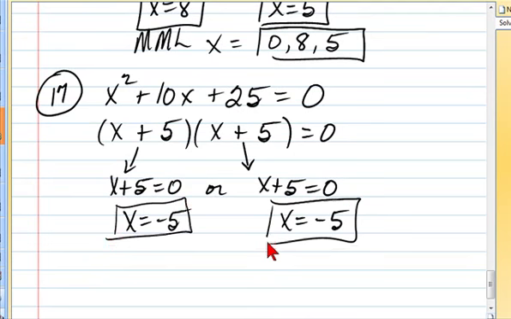You got 2 answers. But in my math lab, all it's going to want is negative 5. Now, does that defy the fundamental theorem of algebra that says if it's second degree, it has 2 answers? No, this would be called a repeated answer. It does have 2 answers.